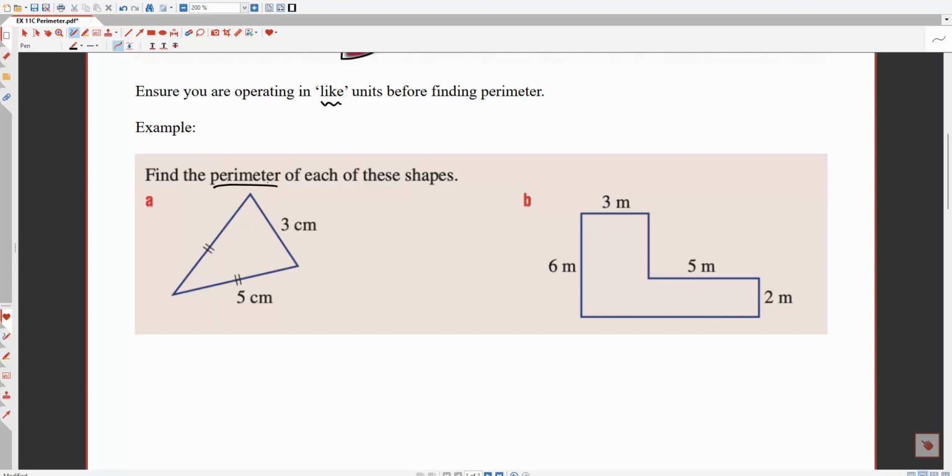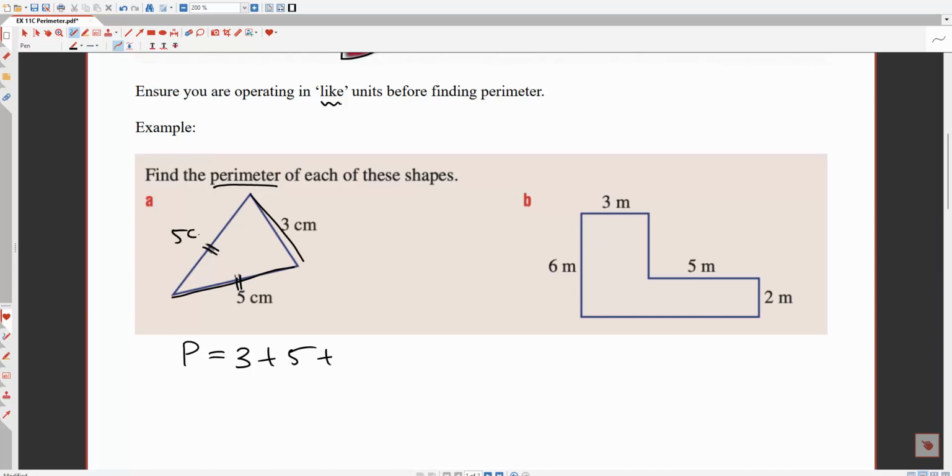Again, it's just basically saying what's the distance on the outside part of this shape. The way I'm going to do it is look at this part here and note that this distance is 3. So I'm going to write P equals 3 plus. Now I'm going to get this distance here, which is 5 plus. I've noted here that they use these check marks, or I'm not sure what they are actually called, but what they basically indicate mathematically is these two side lengths here are exactly the same.